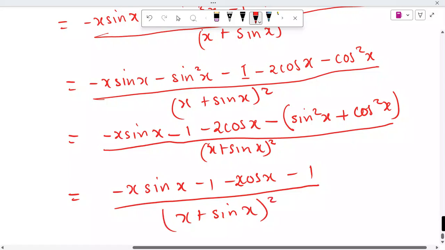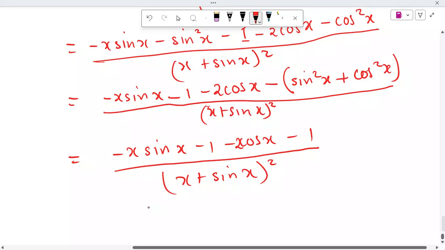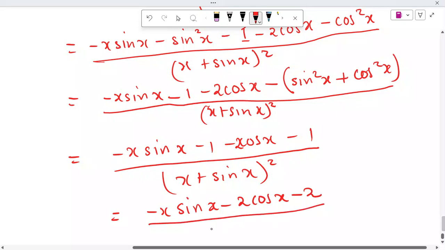So we have negative 1, it will be negative 2, so this is the same as negative x sine x minus 2 cos x minus 2, over x plus sine x squared.